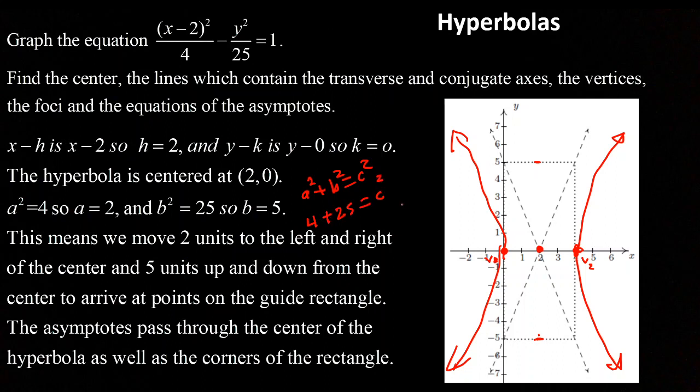So c squared is 29. So c is the square root of 29. Now the square root of 29 is about, what, 5 point something? So that means from here, if you add 5 point something to it, it would be like 7 point something. That's one focus. And then from here, 2 minus 5 point something would be like negative 3 point something, would be right here somewhere. So those are the foci.